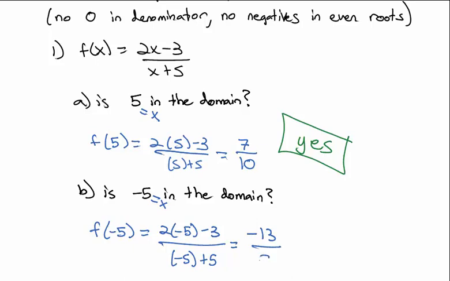But negative 5 plus 5 is 0. We can't do negative 13 divided by 0. We can't have 0 on the bottom of a fraction. I think about the word no. What's not allowed? No. 0 cannot be in the denominator of a fraction. No. Because that's undefined, it can't be in the domain. So we answer the question in the negative.